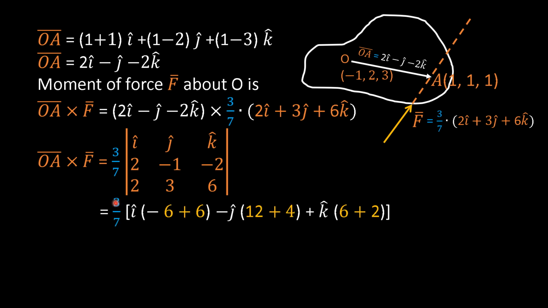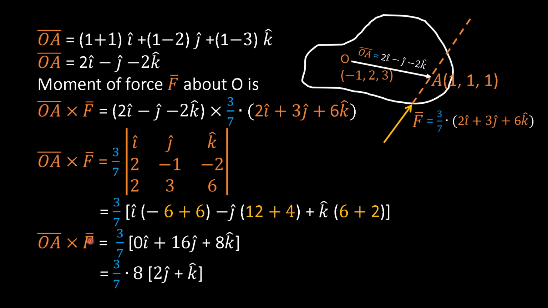It will be i times minus 6 plus 6, minus j times 12 plus 4, plus k times 6 plus 2. So it will be 0 i cap, 16 j cap and 8k cap.